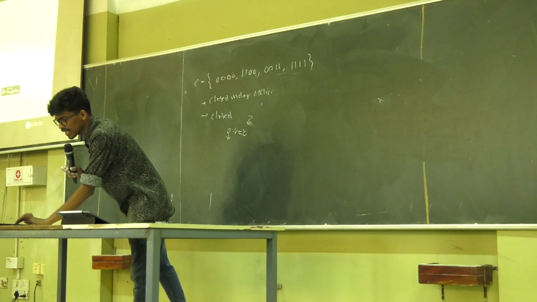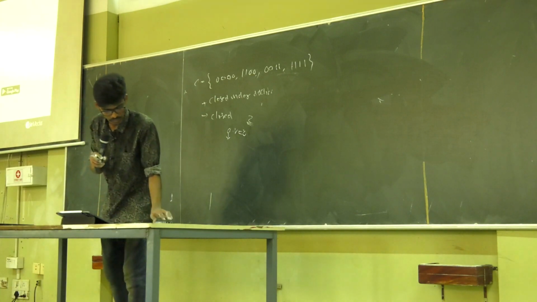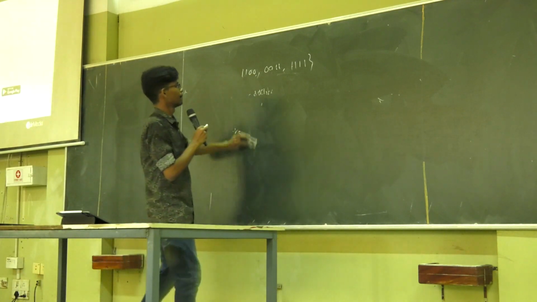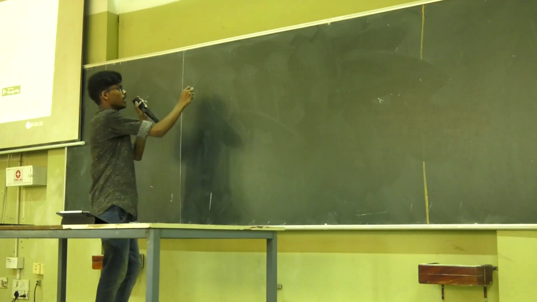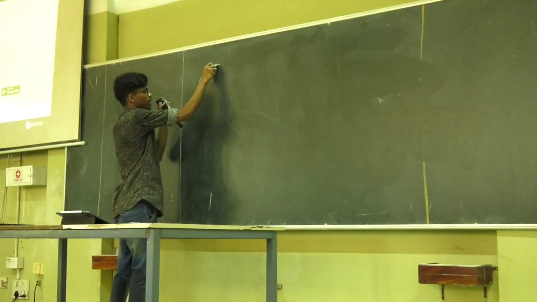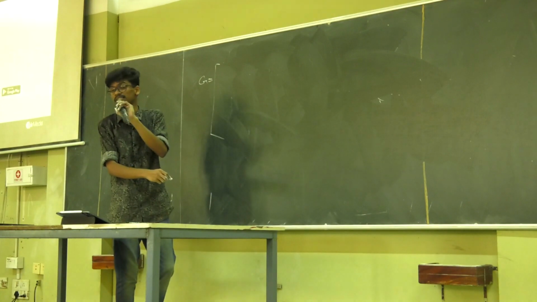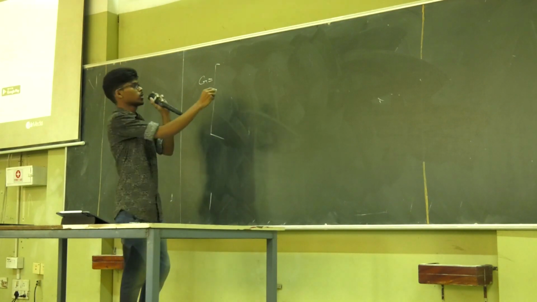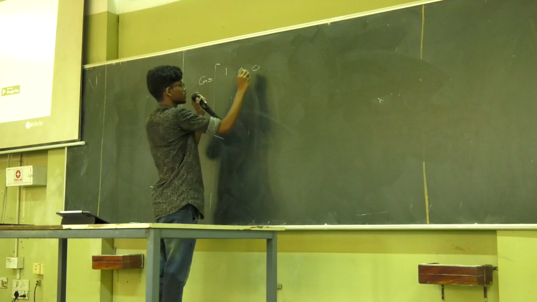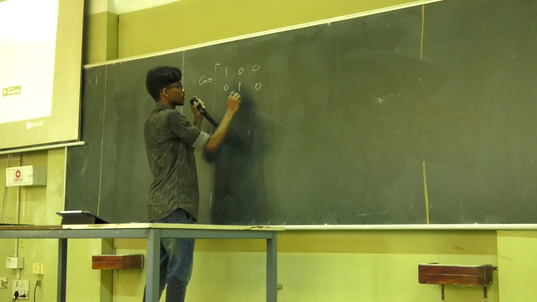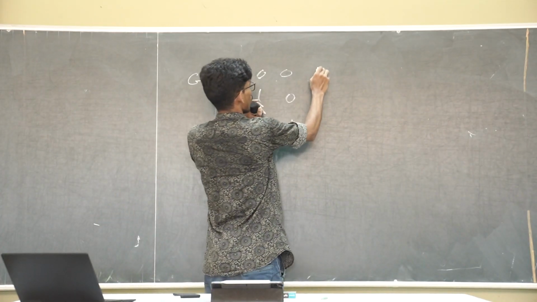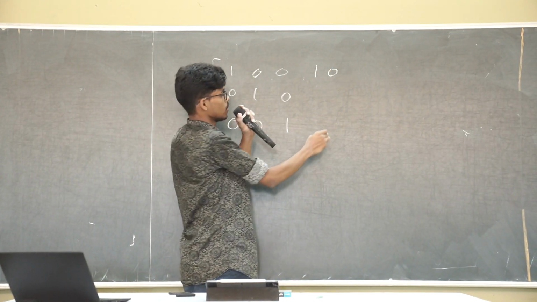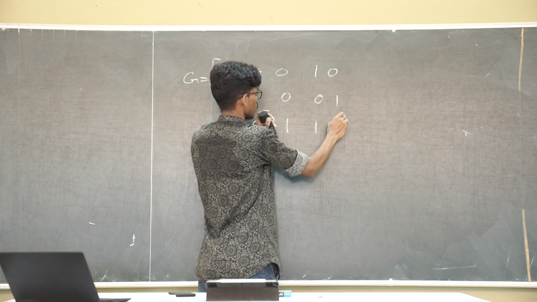Next, consider the generator matrix over GF2. Okay. So 1 0 0 0 1, 0 1 0 0 1, 0 0 1 1 1.